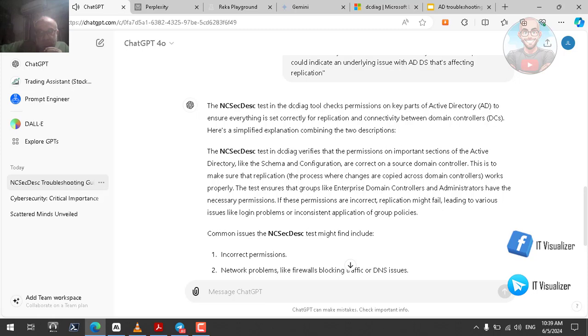This is to make sure that replication, the process where changes are copied across domain controllers, works properly. The test ensures that groups like enterprise domain controllers and administrators have the necessary permissions. If these permissions are incorrect, replication might fail, leading to various issues like login problems or inconsistent application of group policies.